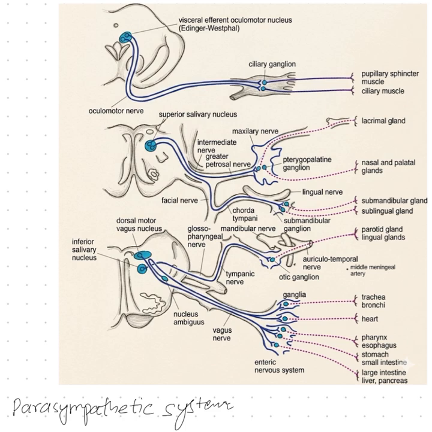In compressive lesions, the parasympathetic fibers, which are in the periphery, are compressed first. That's why the pupil is dilated from the beginning.